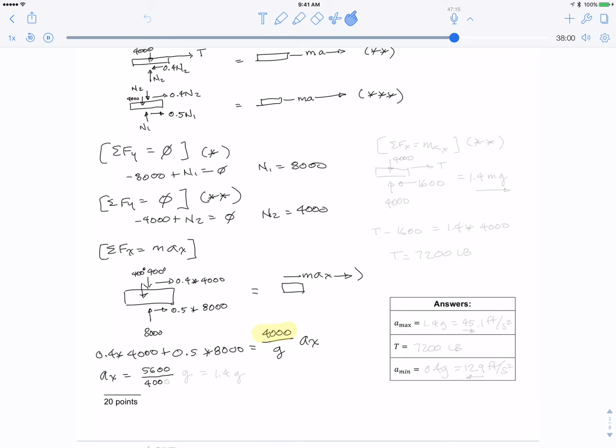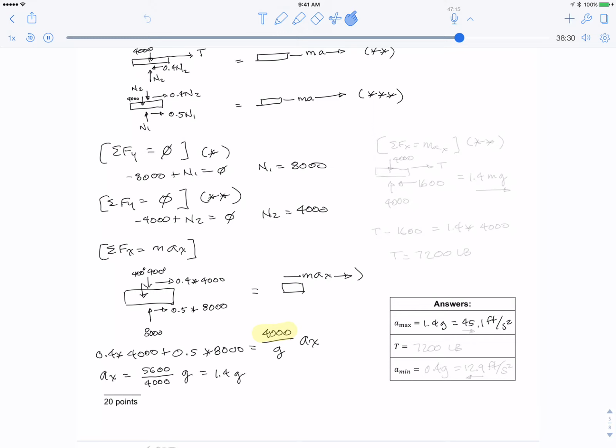I had 8,000 there, so that's how I got it wrong, times G. So there we go. That's 1.4 G. And this problem was in feet, seconds, pounds, so 1.4 G times 32.2, 45.1 feet per second squared.